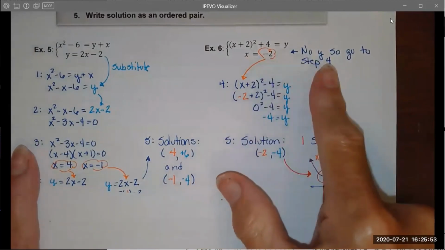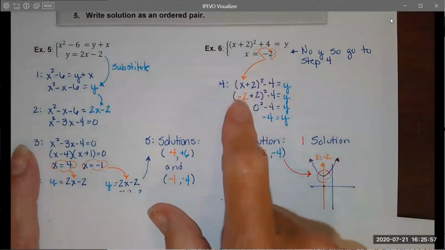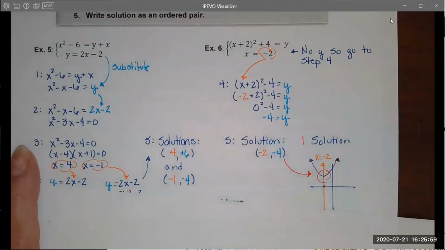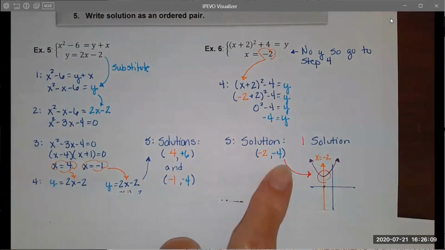There is no y value. I have x already isolated, so I can substitute it directly into that quadratic function and I can solve for y. My single solution has to involve an ordered pair where x equals negative 2, and when x is equal to negative 2, my parabola will intersect the line at negative 4.